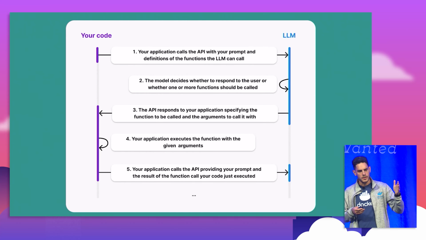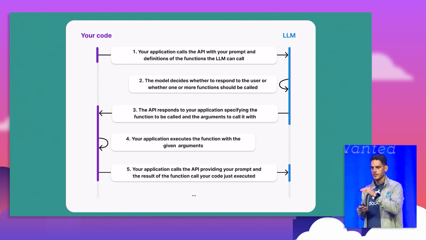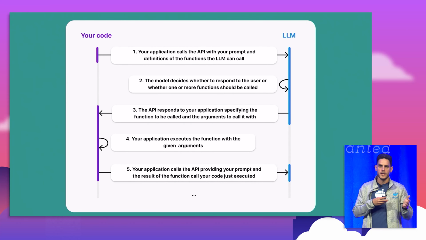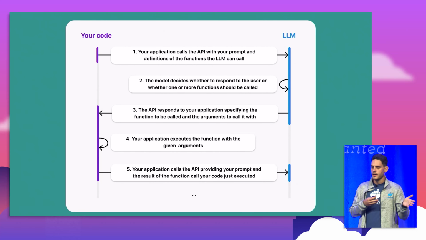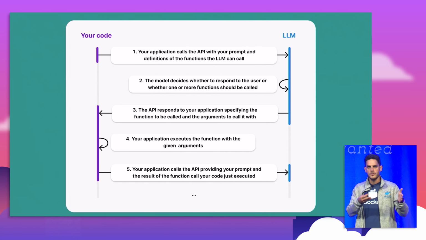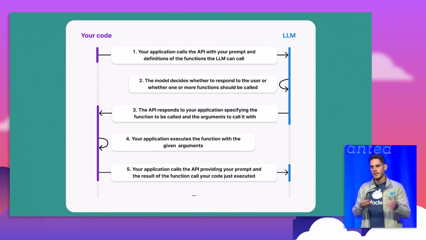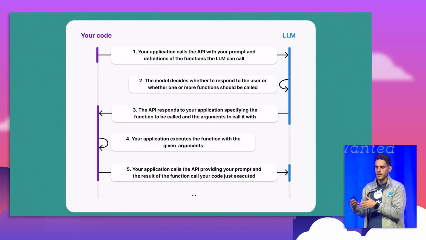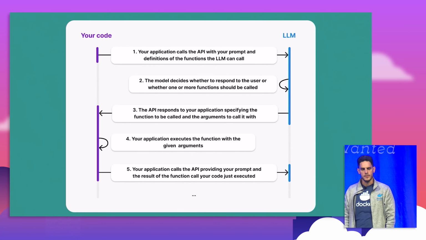So the code will send in that extra context about registering the functions. You send in a prompt. The large language model is understanding your prompt. And then it returns back to the code, hey, you should call this function, right? I need you to call this function first. And then I'm going to take the response of that function. The client returns that to the large language model, it gets added into the context, and then it continues on until it completes the prompt that you wanted it to do.